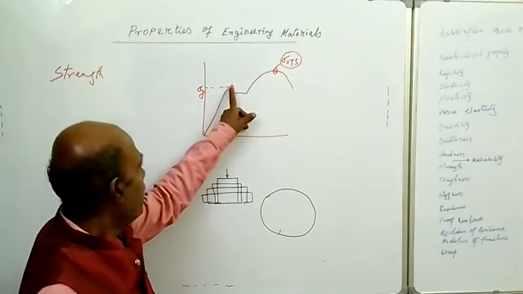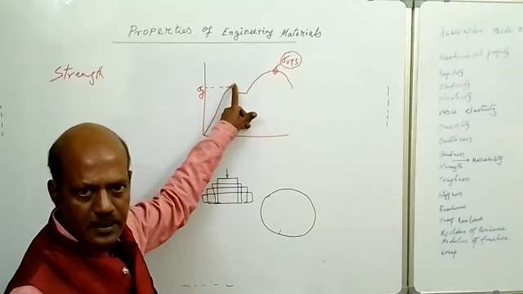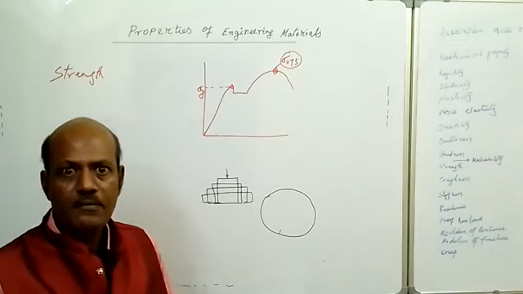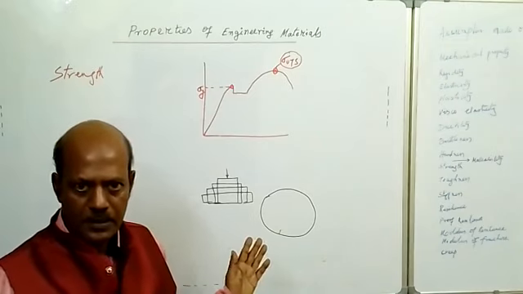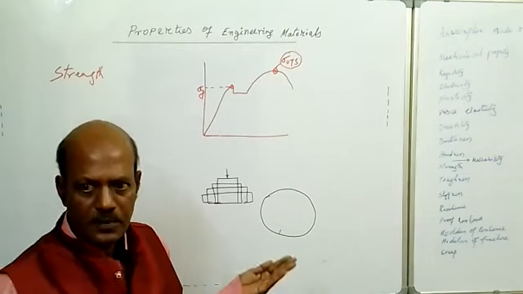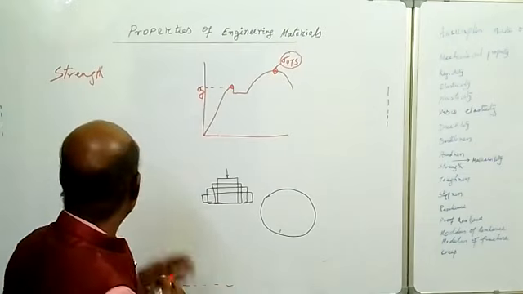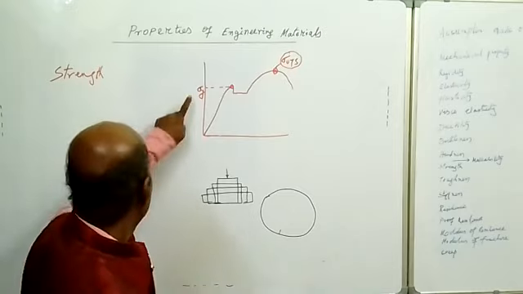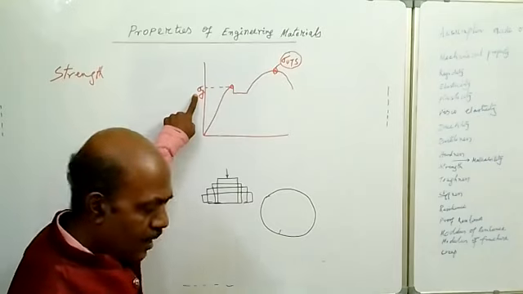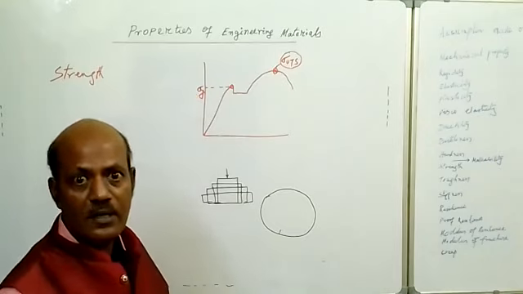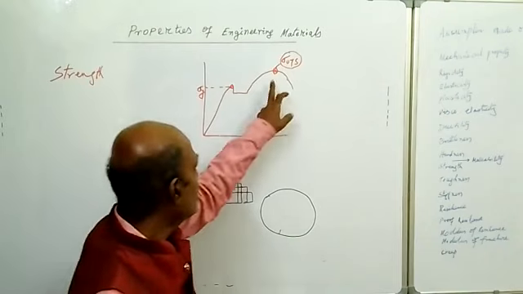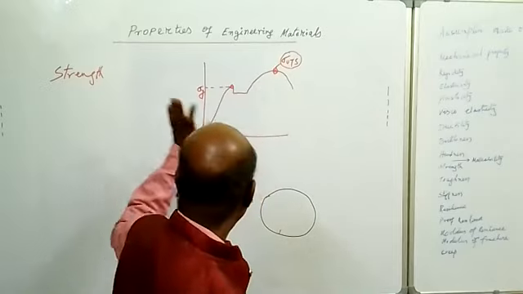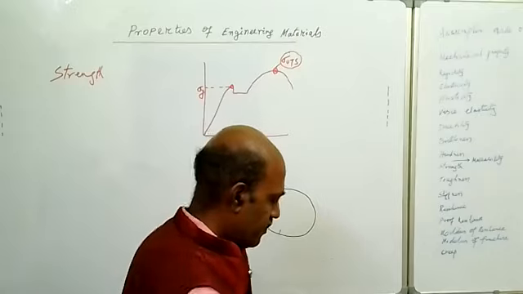Because if this point is exceeded, then after removal of the load there will be some permanent deformation present in the body, and as far as mechanical engineering is concerned, the body has failed. So sigma Y is considered the strength of the body, but the actual strength of the body is sigma UTS, and this is expressed in stress terms.